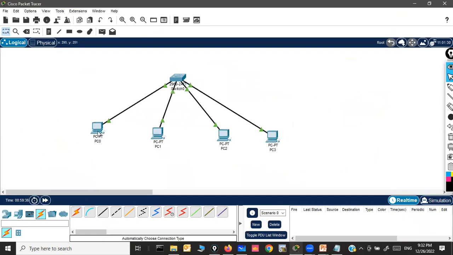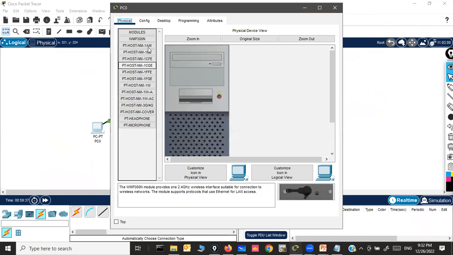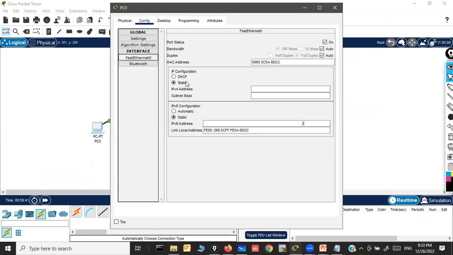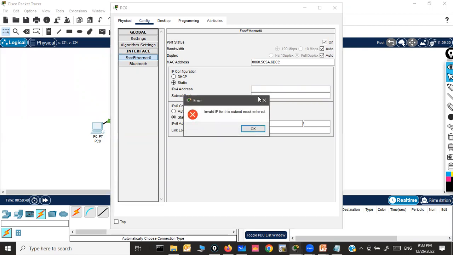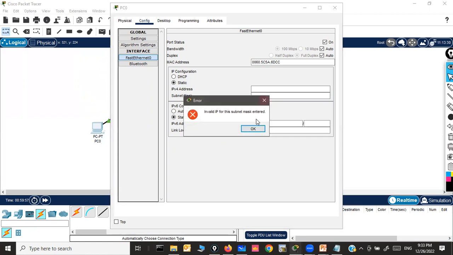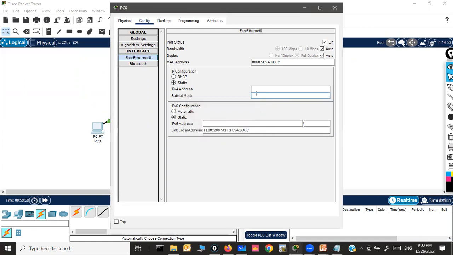If I select this computer, go to config, fast Ethernet, static IP here, and assign 255, the answer is an error. Even if I try to assign 0, again error. Why? Because 0 and 255 both cannot be used.